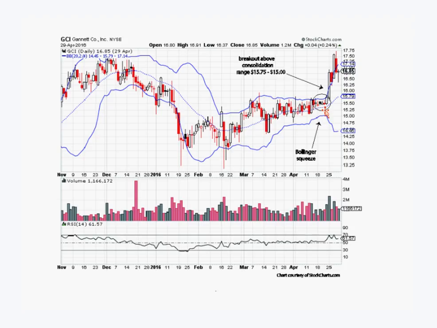And the Bollinger squeeze occurs in that area that's circled. You can see that relative to what happened before, the range got very narrow. And so when you see that, you expect to see a breakout, and as expected, it did break out. So that's what the Bollinger squeeze looks like.